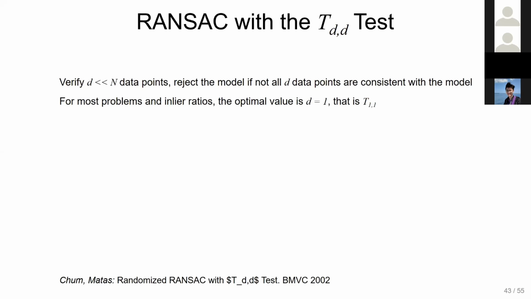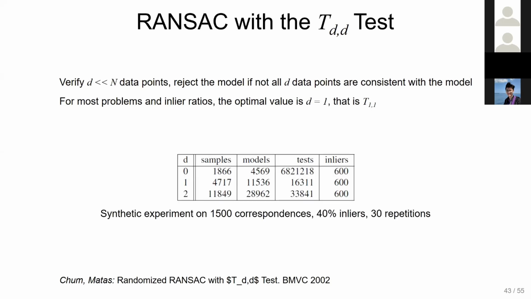So it turns out that for most problem ratios, the optimal value for d is 1, so the T1,1 test, which means you hypothesize your model, you take one correspondence. If it is consistent, you verify everything. If it's not consistent, you drop the sample.